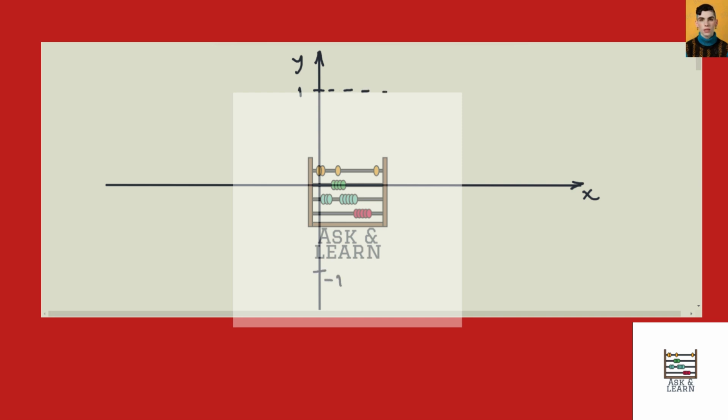Let's say here we have pi half, for example, and here we have negative pi half, for example. And more or less we have this graph here and here.